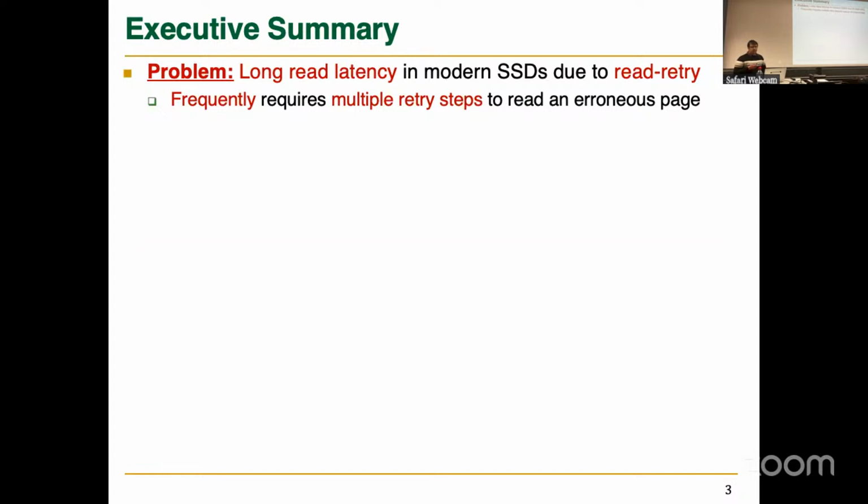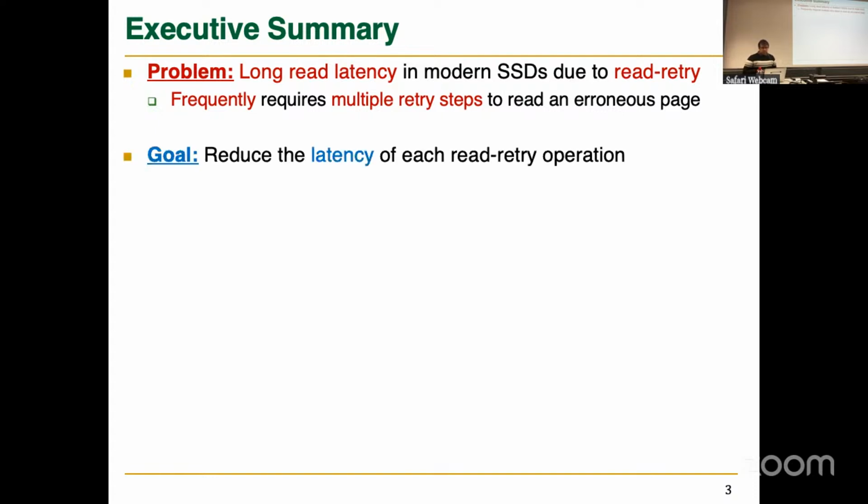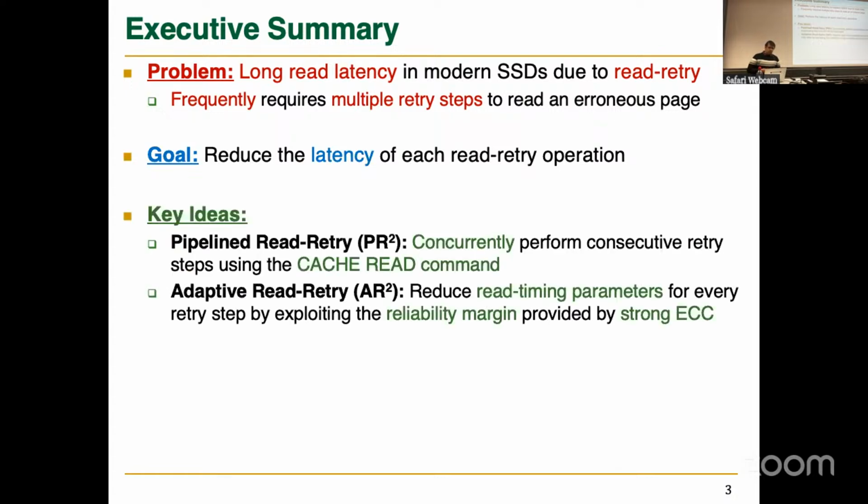Read-retry is a typical error mitigation technique, and it results in a long read latency in modern SSDs, because we need to frequently do multiple retry steps to read an erroneous page. The goal of the work is to reduce the latency of each read-retry operation. There are two contributions of this work.